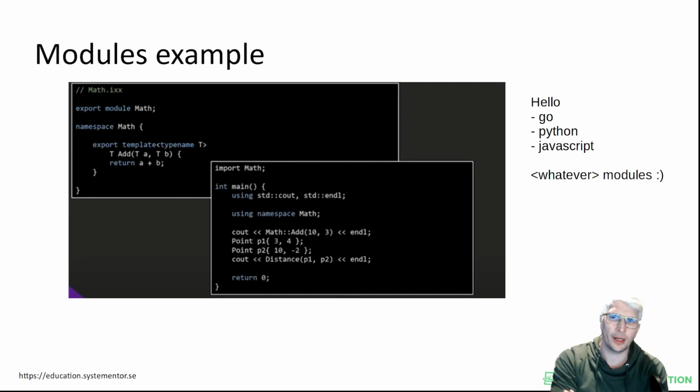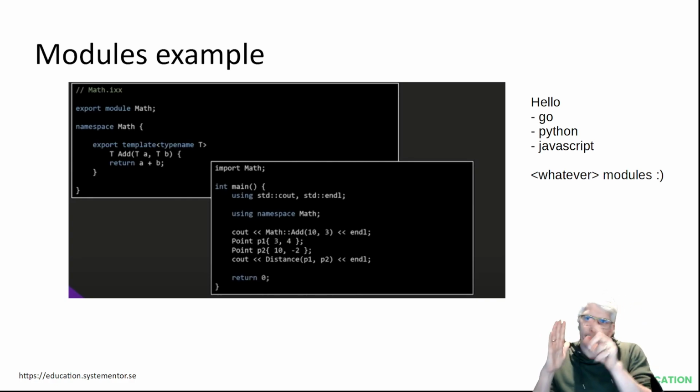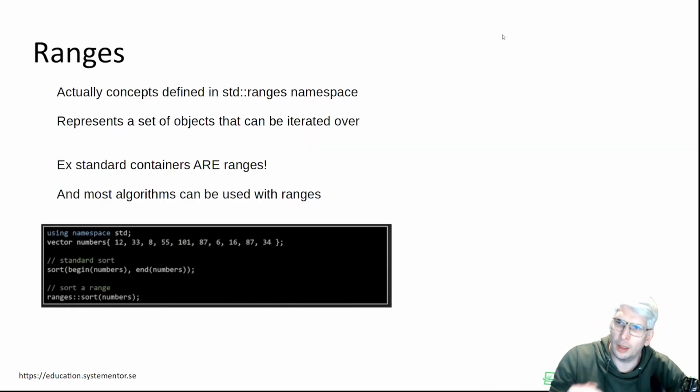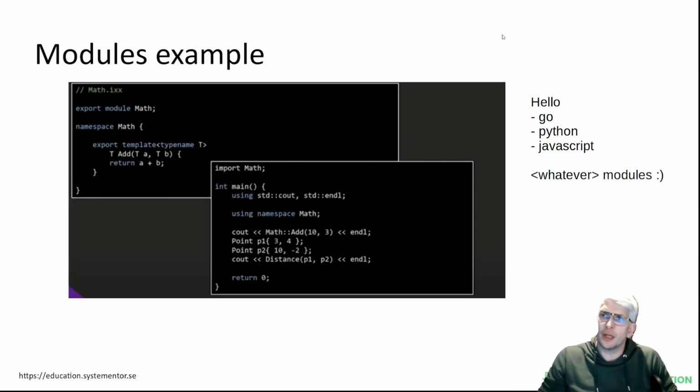Why shouldn't we include? Because include is the preprocessor. So what we will do is import instead. We will import modules, and as you can see, we can directly spot that.